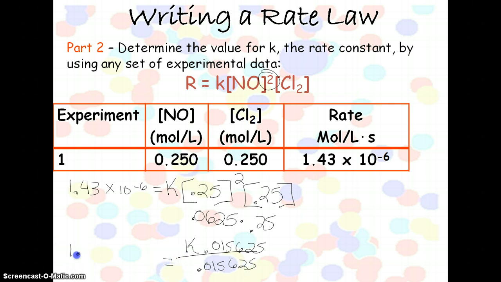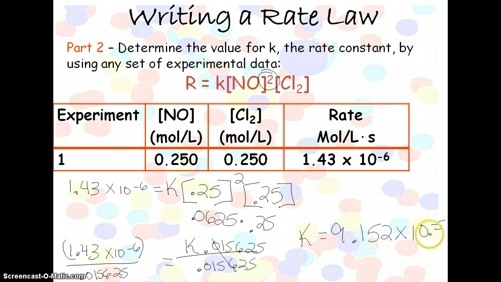So we're going to do that on both sides. Okay, and then you just got to plug it in the calculator. Make sure that you put this top number in parentheses or it'll get you all messed up. All right, and we see that K is equal to 9.152 times 10 to the negative 5th. Okay, so that is our value for K right there.